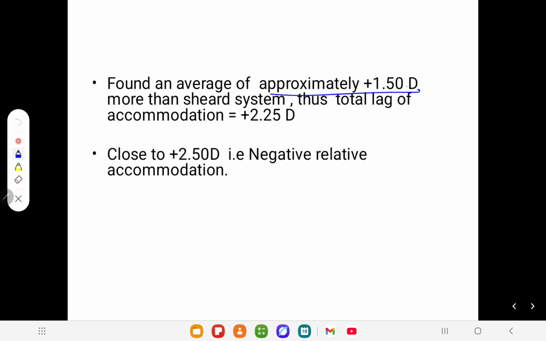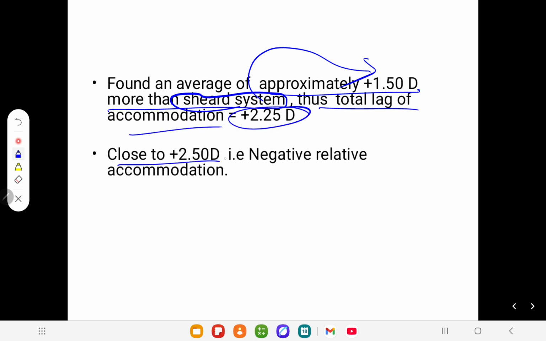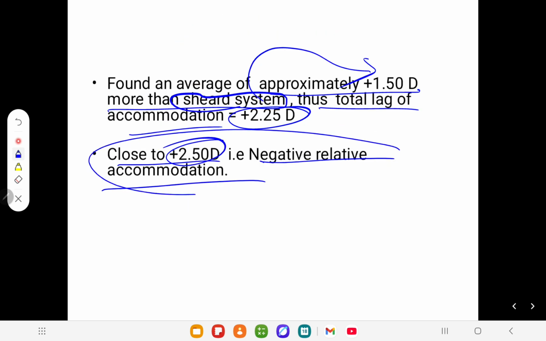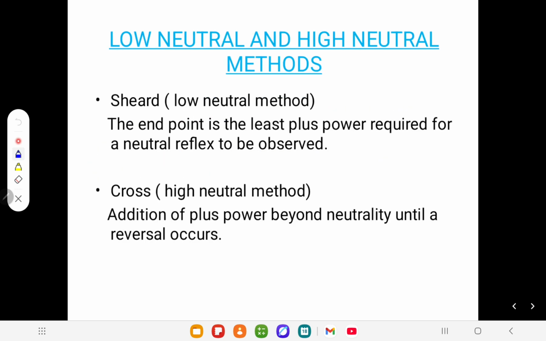The average is approximately 1.5 in Sheard's system, then the total lag of accommodation is 2.5. So in Tait's method you find the negative relative accommodation a little bit higher, but in Sheard's method it's a little bit lower.